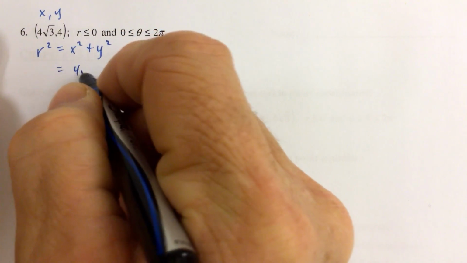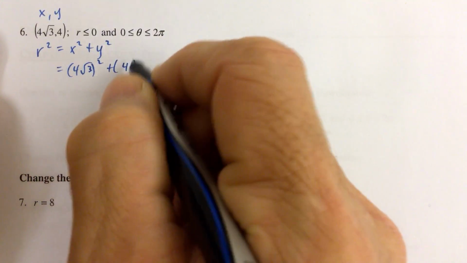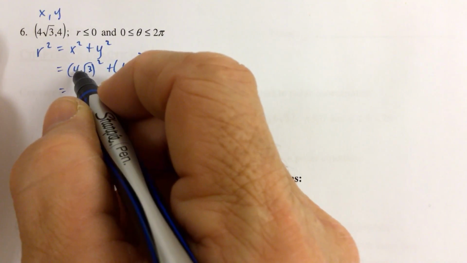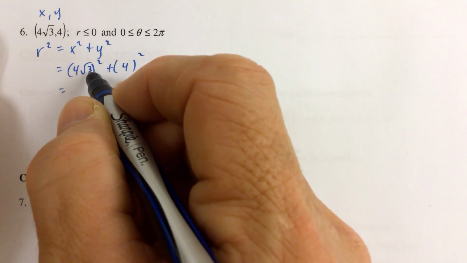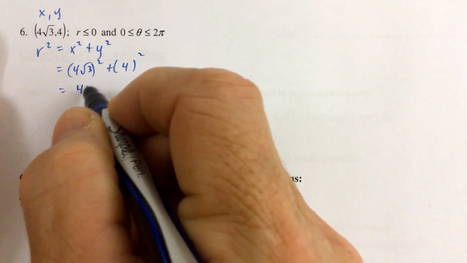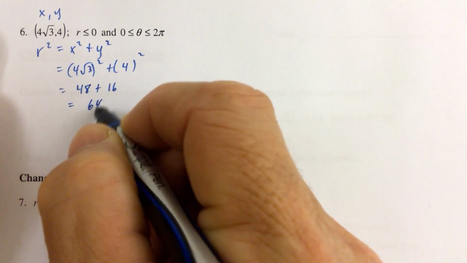And when we replace x with 4 radical 3 and y with 4, we see here we have 4 squared is 16, radical 3 squared is 3, 16 times 3 is 48, 4 squared is 16, 48 and 16 is 64.